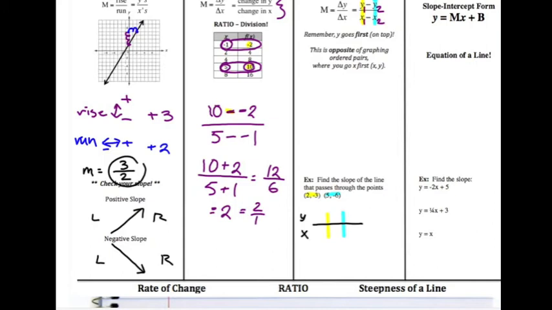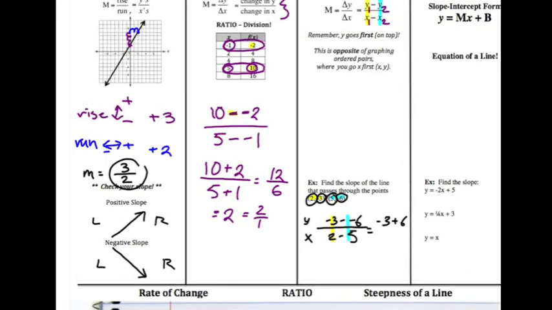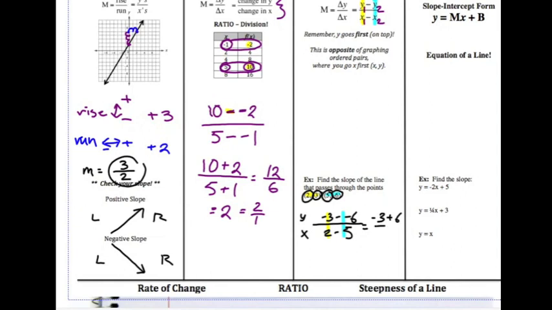So we're going to take the y value from the first coordinate, which is negative 3, minus the y value of the second coordinate, which is negative 6. And then the x value of the first coordinate, which is 2, minus the x value from the second, which is 5. So we can rewrite this: negative 3 plus 6 over 2 minus 5.